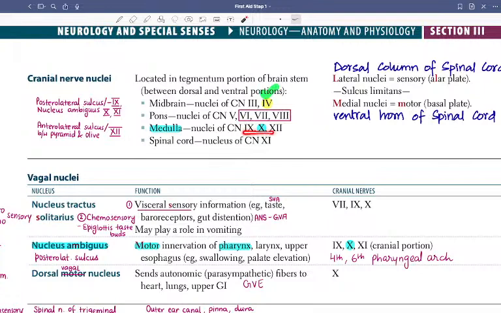And at the level of the medulla we had all of this, 9, 10, 11, 12. But 12 was between the olives and the pyramids. It was anterior, and 9, 10, 11 were posterior. Out of that, 9, 10, 12 is medulla. So that is done.